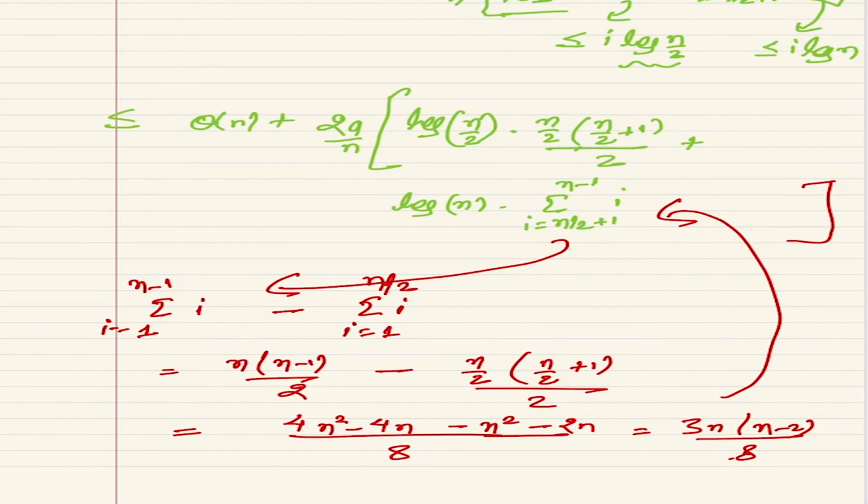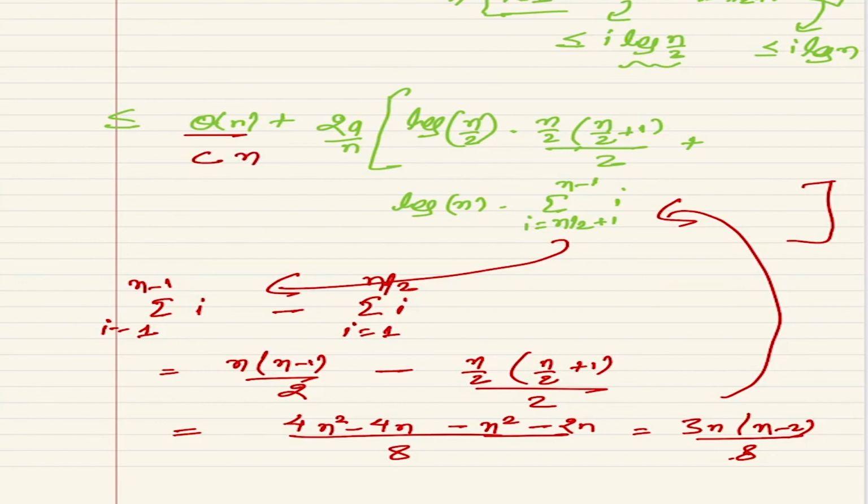So things are not becoming simpler, as you can see, but we are hoping that this will give us something. Okay, let's see what we can do now. So this is theta n, we are replacing it by something. Let's say theta n is less than or equal to some Cn. So this we are writing as Cn.